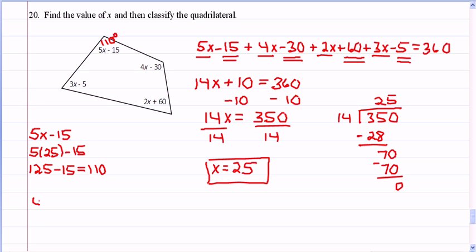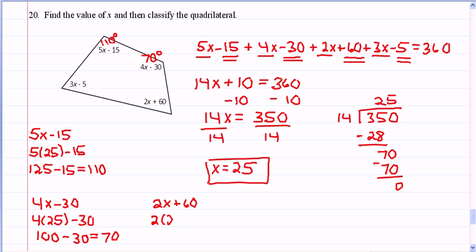The next angle I'll check is 4x minus 30. So I take 4 times 25 minus 30. 4 times 25 is 100. 100 minus 30 is 70. So this angle is 70 degrees. Next I'll check 2x plus 60.